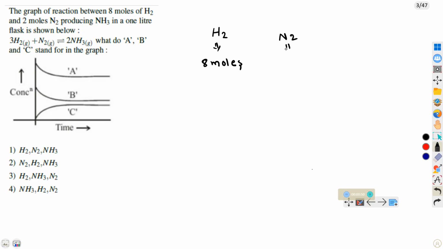N2 number of moles, 2 moles. NH3 is given as a product. These two are the reactants.